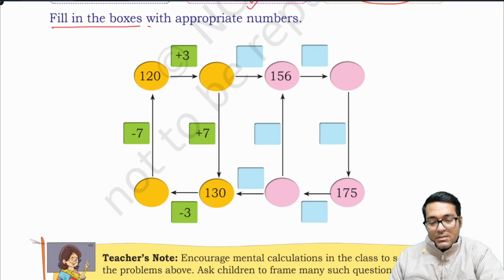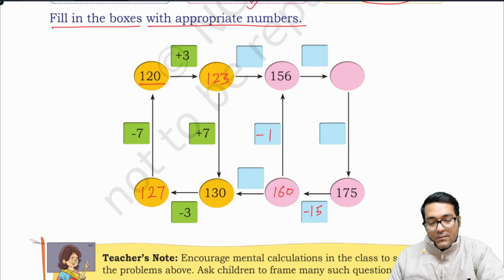Fill in the boxes with appropriate numbers. For example, here will be 123. Here will be 127. Here you can write numbers like 15. You can write here 160.